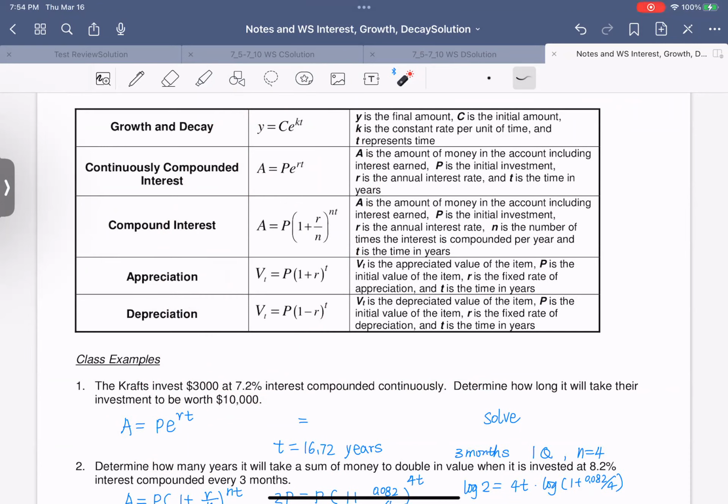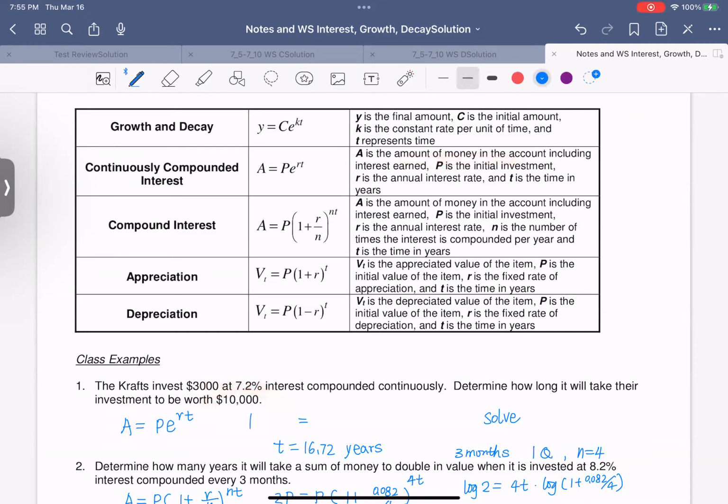Wait, so 3,000 equals, wait, no. Wait, A equals 3,000? What's A? Oh, A, okay. So the ending money, right? Oh, 10,000. Yeah, this is the ending money.